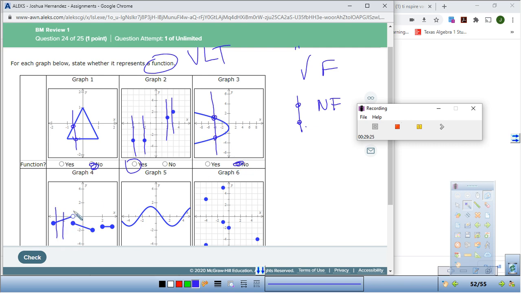Crosses it once, function. Wait, this line's crooked, but when I draw my vertical line straight up and down, you see it crosses it twice, not a function.